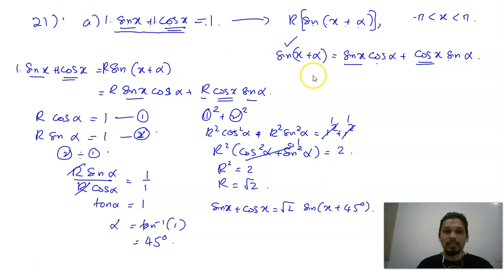It's just like a plus a equal to b, then a equal to c. So then it is b equal to c. So this form r sine x plus 45 we can also relate with this one here.